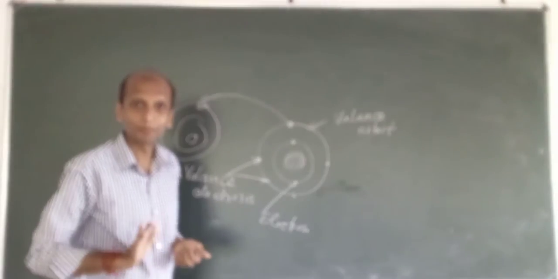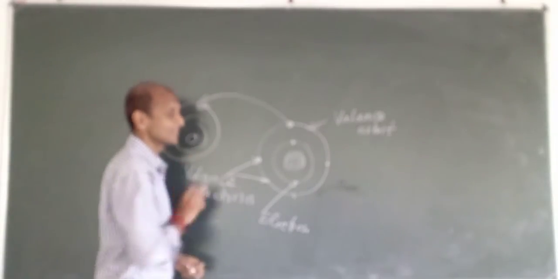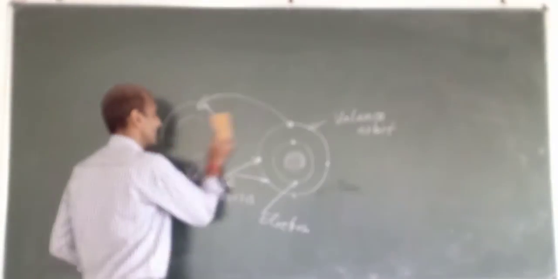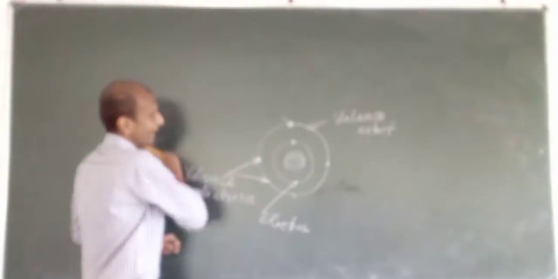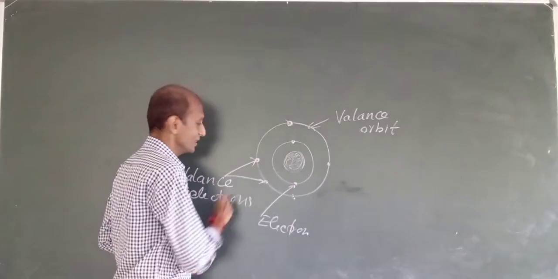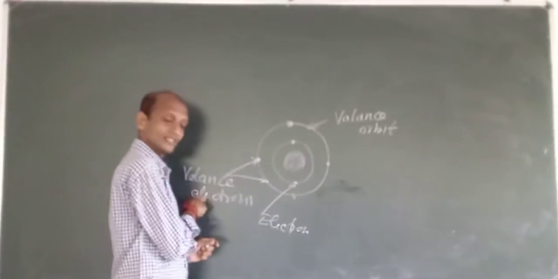This is how it works. So this is the valence orbit, and these are valence electrons.